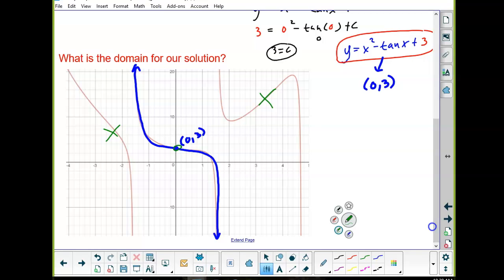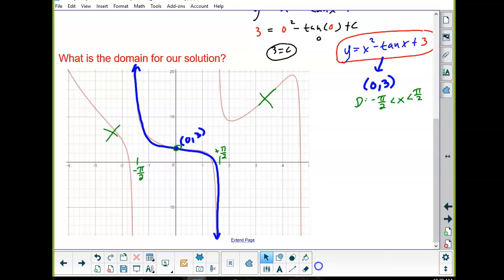If you have a graph, it's kind of challenging; you have to know a little bit about the tangent graph to know where the domain would be. In this case, the domain for this function would be anything between negative pi over 2 and pi over 2.